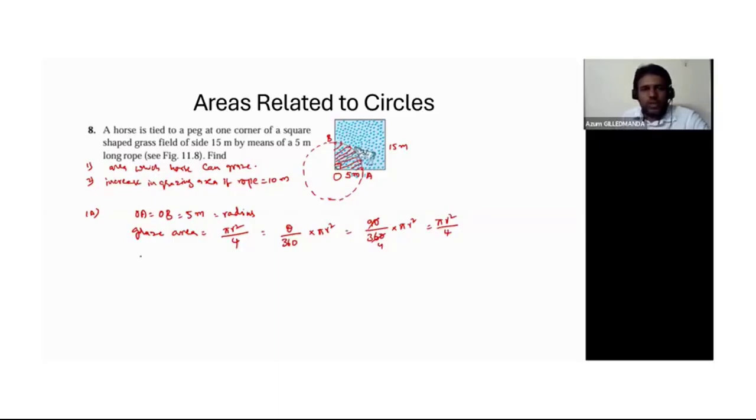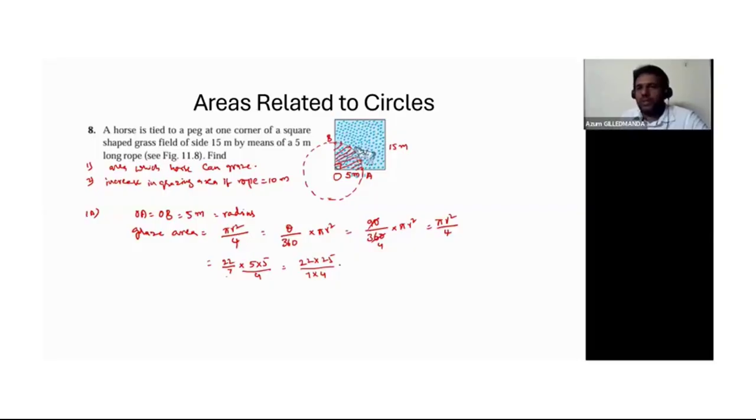Now, what is that pi r square by 4? Taking the pi value as 22 by 7, into r, which is 5, so 5 into 5, divided by 4. So this can be 22 into 25 by 7 into 4, right? Whatever value you get, that will be your answer.